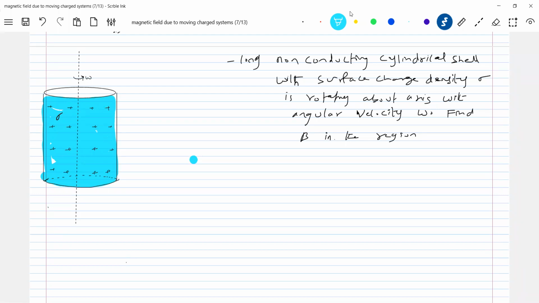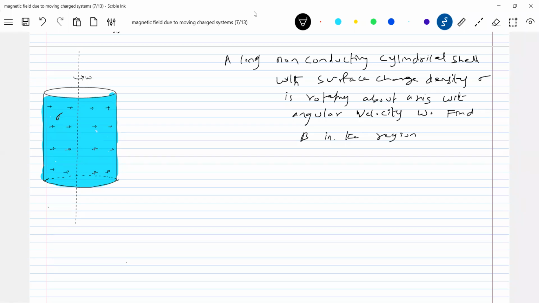Don't make any guess. Try to show it mathematically. Try to work it out with Ampere's circuital law only. Don't go for the Biot-Savart law. It is nowhere helpful. You have to say goodbye to it.